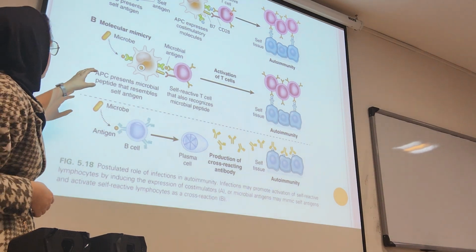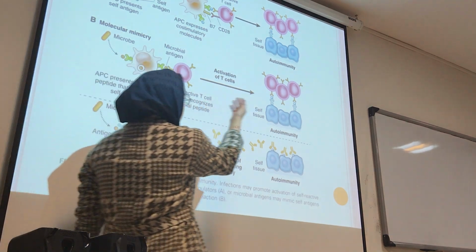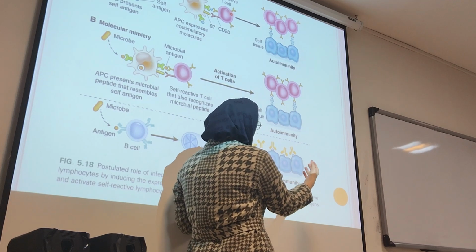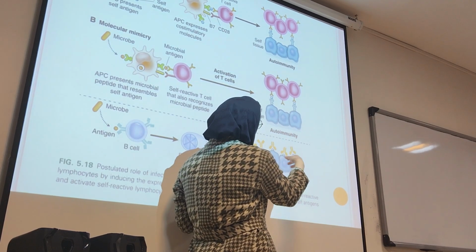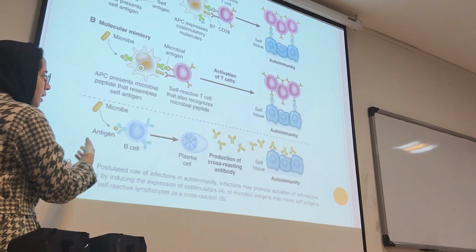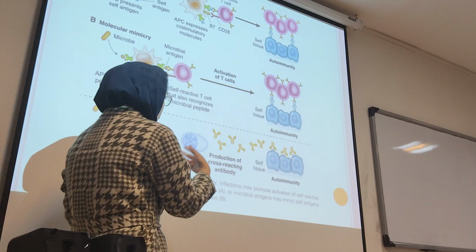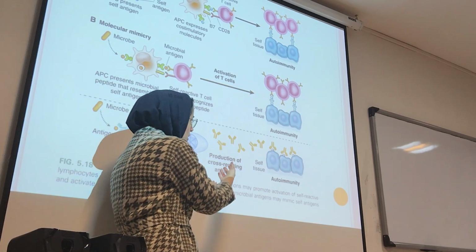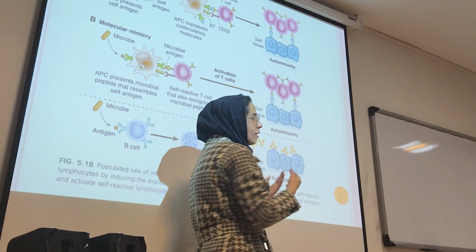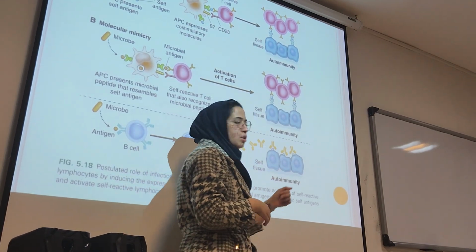As I told you, we have similarities in antigen and activation of T cells that are reactive against tissue, and we have autoimmunity. Or sometimes we may have activation of B cells and production of plasma cells and cross-reacting antibodies that act like autoantibodies and cause tissue injury.